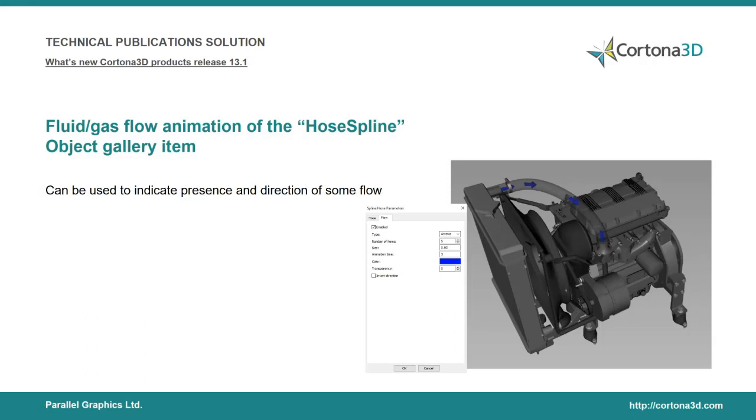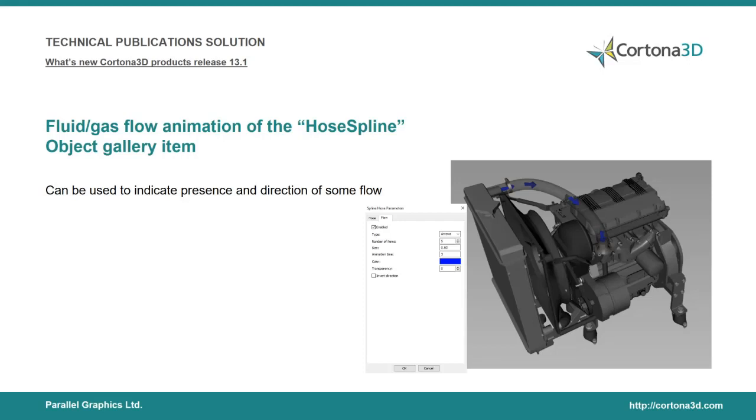Now we have this hose spline object, which can be used to recreate various cables, wires, and this kind of objects, ropes. We added a special property to this hose spline object, which allows you to create an animation which depicts some kind of fluid flow or gas flow, for example.